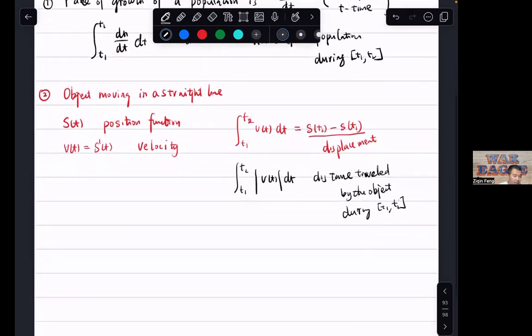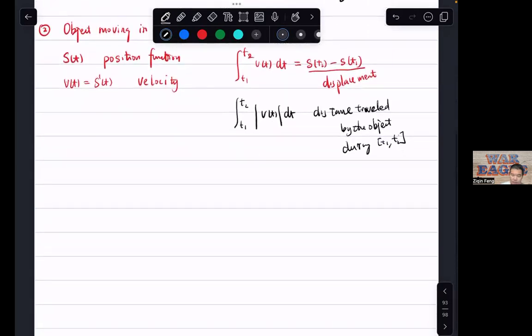So let's see an example for this application in physics. We assume we have an object or particle moving in a straight line, and the velocity v of t is 3t minus 5 on the interval 0 to 3.